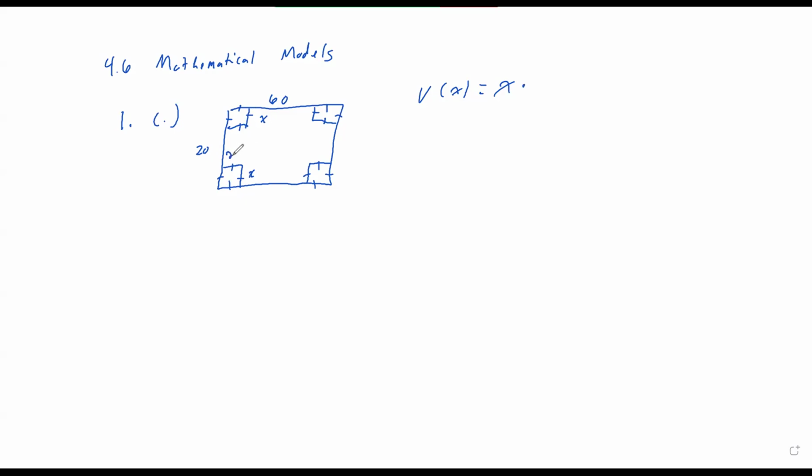This will become 20 minus 2x, since I have two x's. If those x's were 1 inch, I would say 20 minus 2, so 18 inches. I don't know, so I write it as 20 minus 2x. Same concept with the length of the sheet: this becomes 60 minus 2x. So now I have length times width times height.